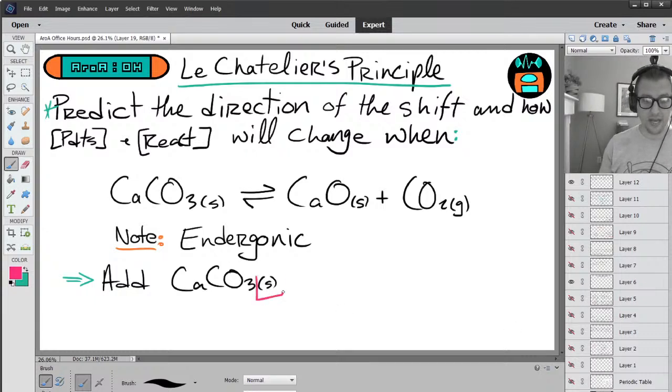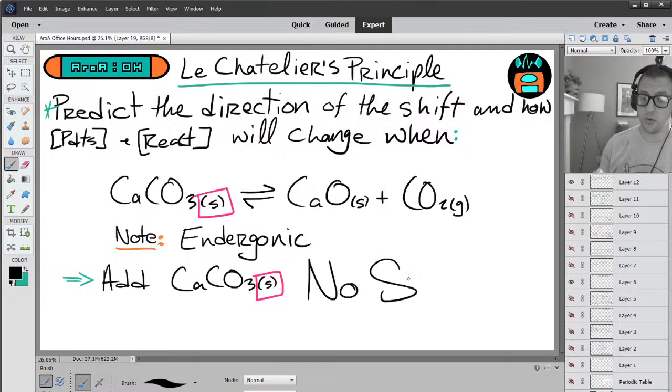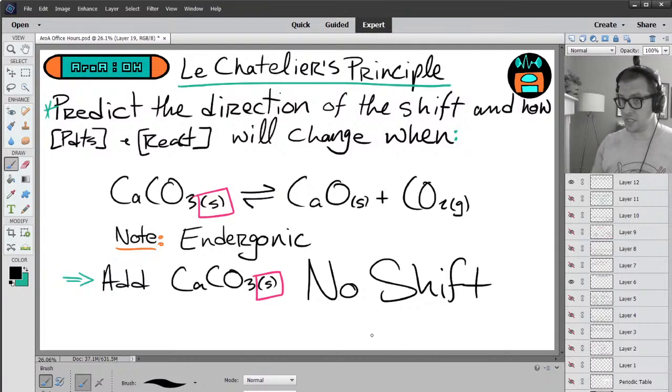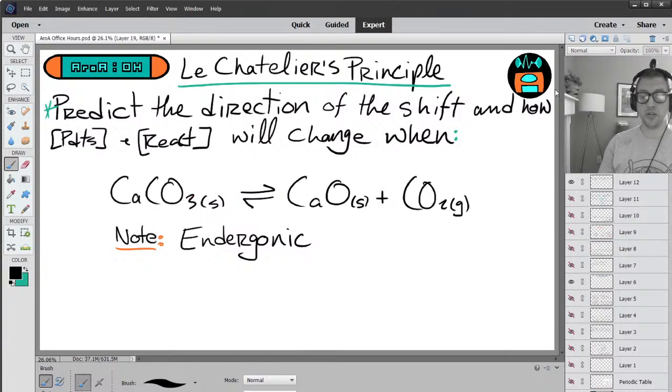And if you have a good eye, you are going to notice that this is a solid phase. Adding solids, removing solids do not affect the position of equilibrium, so there is no shift. All right? Just like we saw with a liquid in the previous example. So adding more solid doesn't affect equilibrium. There's no shift.